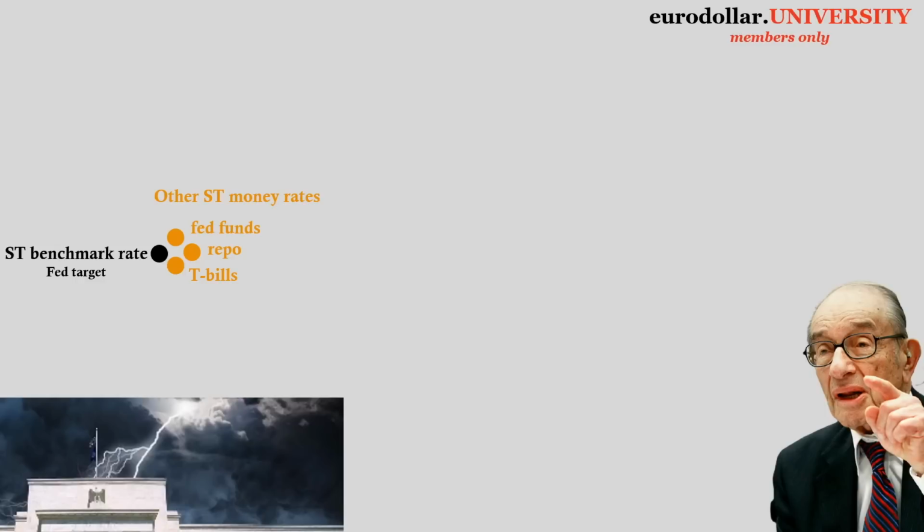Though there's more going on, you can see where the narrative comes from, because by being a close substitute for these alternatives, the Fed can heavily influence other money market rates. If the repo rate, for example, falls too low relative to what the Fed's offering, then cash should move on from repo markets to the Fed because of the higher return, thereby pushing repo rates back closer to the central bank target.